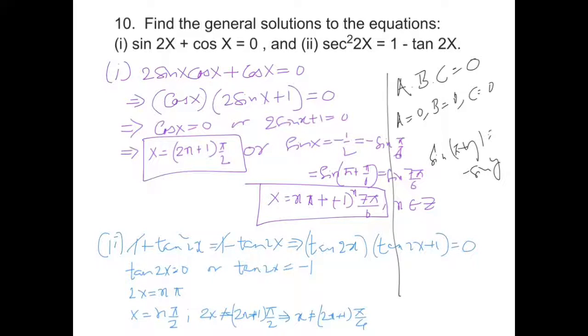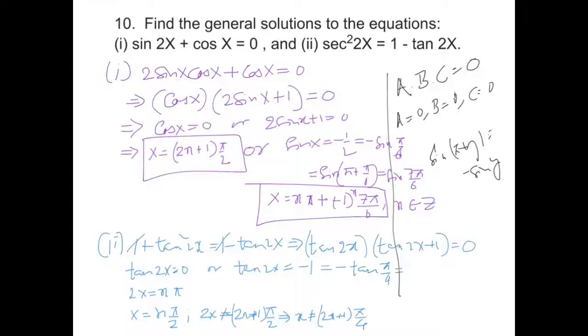Now let us look at this other equation, tan 2x equals minus 1. And let us try to express that in the form of tan 2x equals tan y, where y is a particular solution. Now we know that tan pi by 4 is 1. Therefore we can write minus 1 as minus of tan pi by 4.